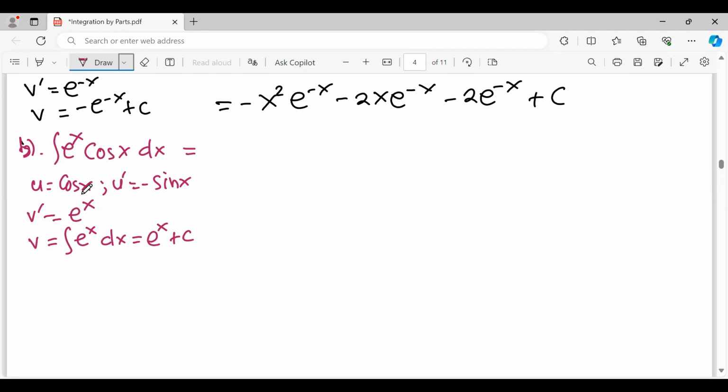Based on the formula, u times v is cosine x times e power x plus c, minus the integral of v times derivative u.